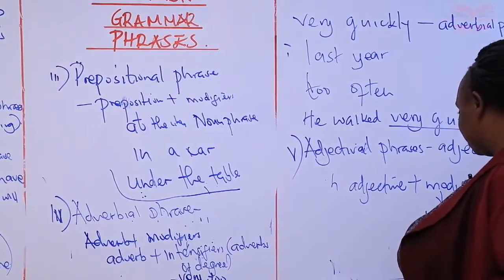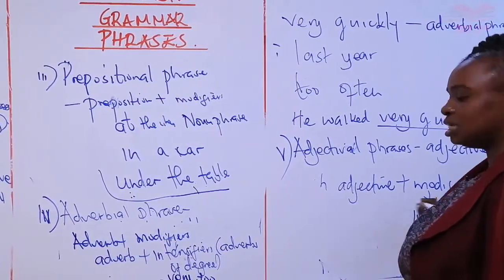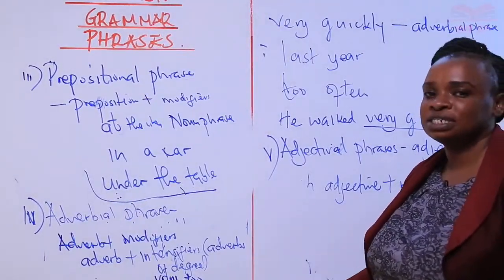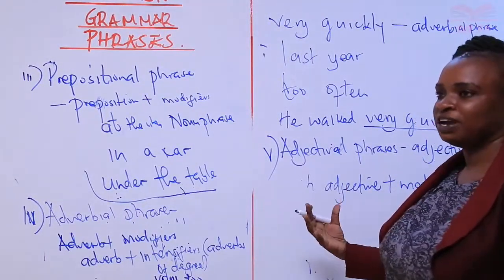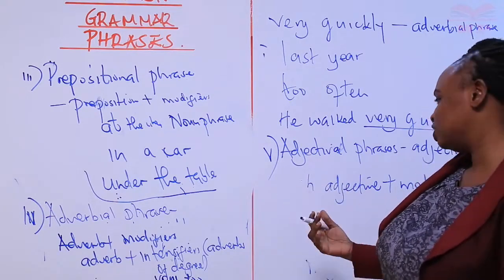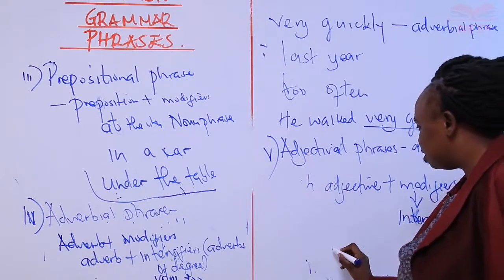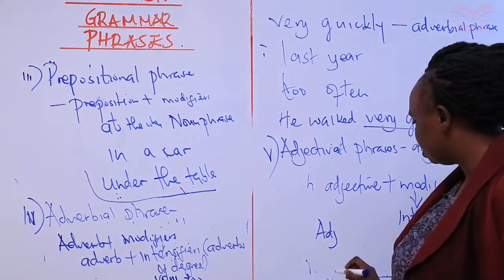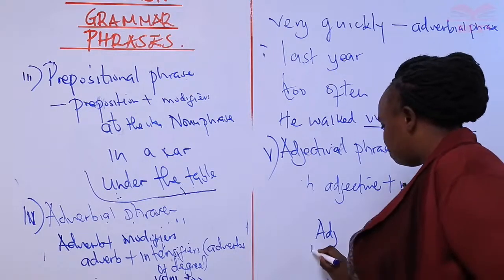Remember, an intensifier is not a new word. It's just an adverb of degree. But now it tells us to what extent, to what degree. That's why we call them intensifiers. They tell us the intensity of an action. So here we have maybe an adjective like beautiful.